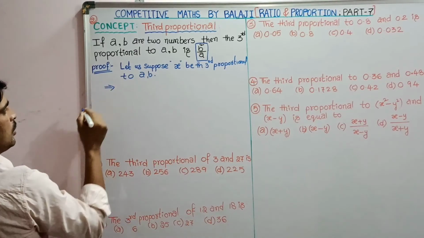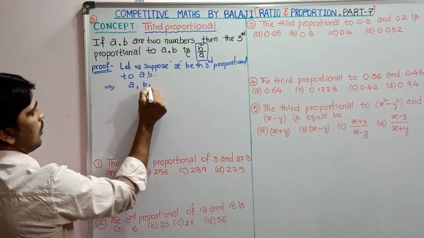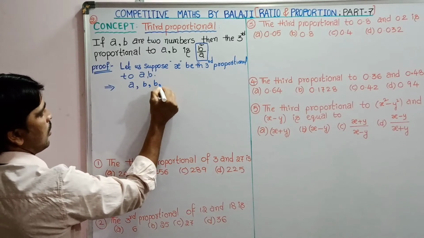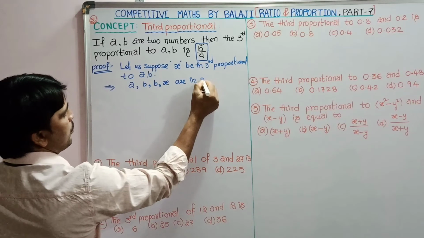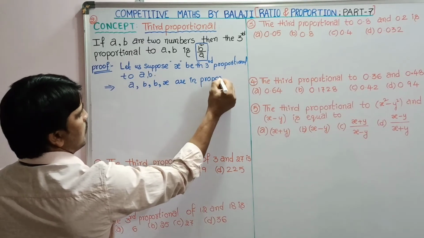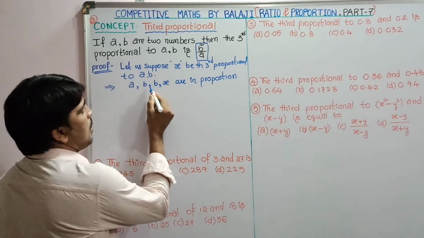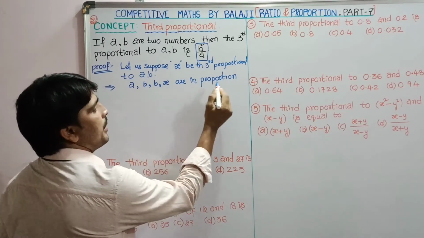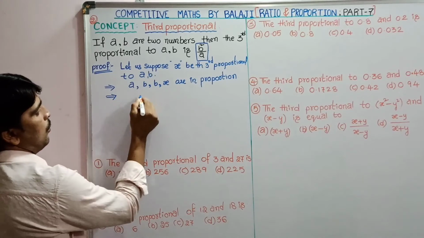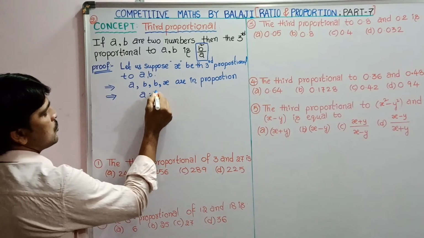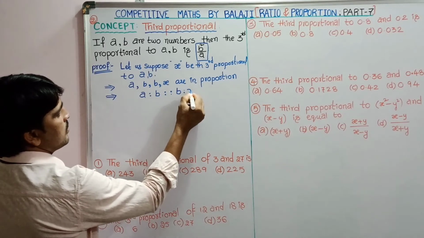If x be the third proportional to a, b, then a, b, b, x are in proportion. If four terms are in proportion, we can write this: a is to b as b is to x.